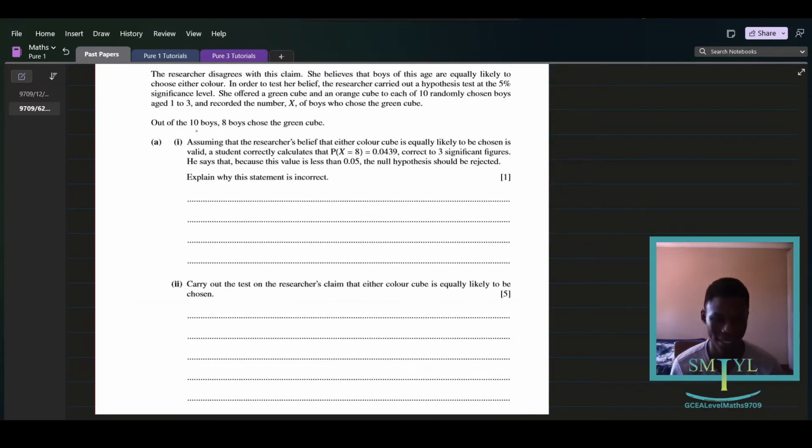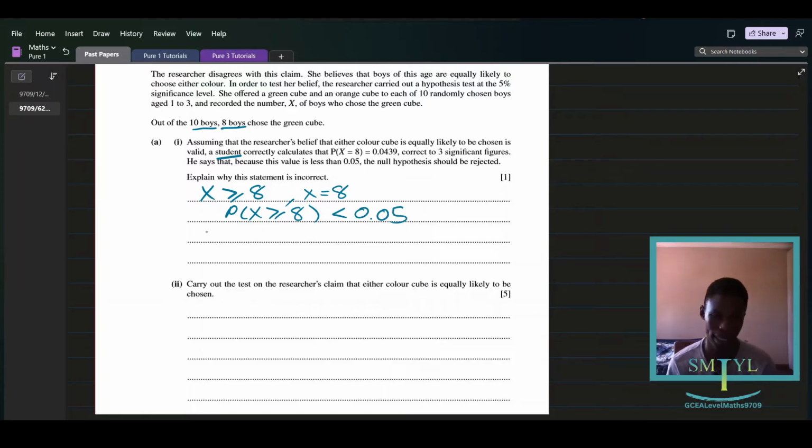Because since it says that out of the 10 boys, 8 boys chose the green cube, our critical region will actually be X is greater than or equal to 8. The student has only considered X is equal to 8. So only when the probability that X is greater than or equal to 8 is less than 0.05, can we conclude that we should reject the null hypothesis?